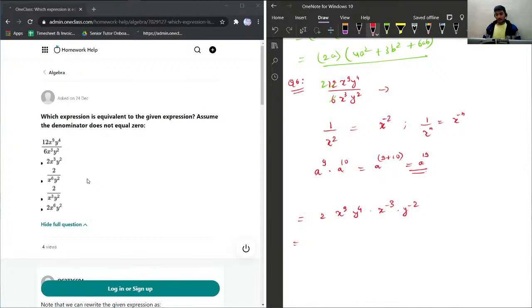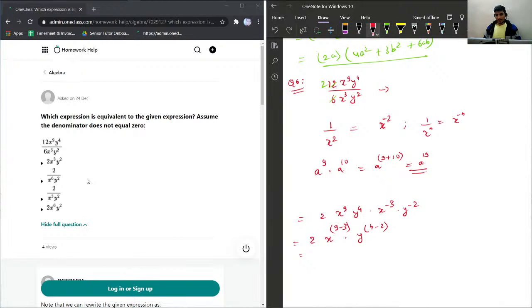Now I already told you that if we have the same bases which are multiplied, then we can add up the powers. So this will become x power 9 minus 3, and we have y, this is 4, and this will be minus of 2.